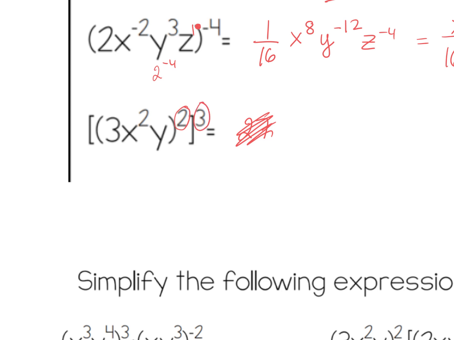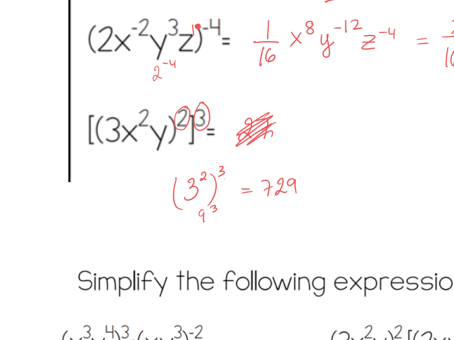To be able to do this, you just think of it this way. So 3 to the power of 2, you get 9. And then you take 9 raised to the power of 3. 9 to the power of 3, you get 729, okay? So you can do that, 9 to the power of 3.